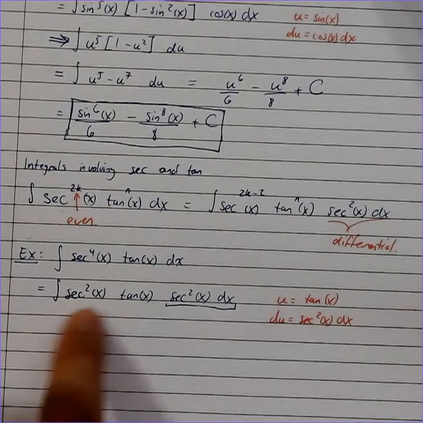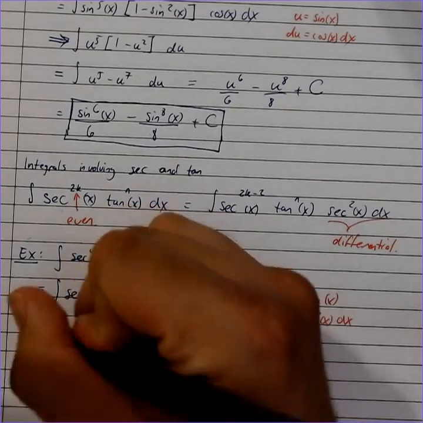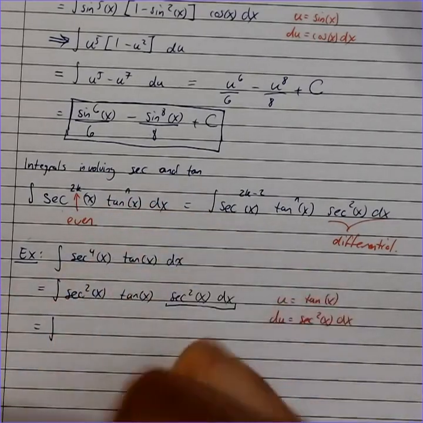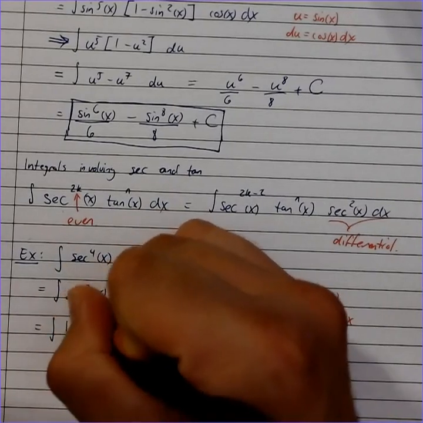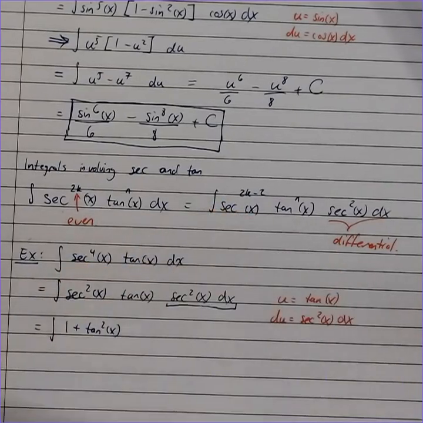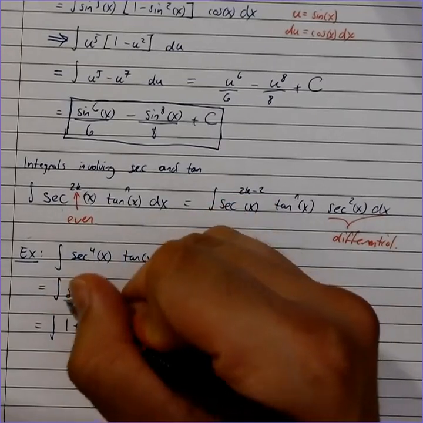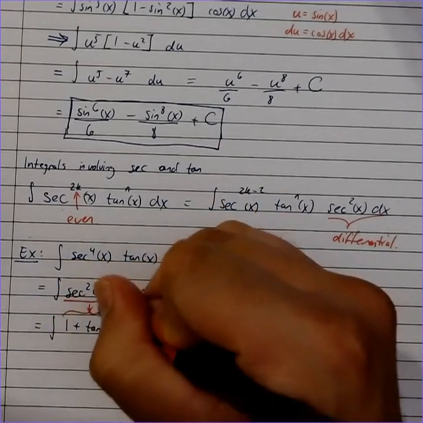And thinking back to trigonometry, how do I turn secants into tangents? Using the Pythagorean identity, of course. So here that's going to be the integral of, instead of secant squared of x, we can write that as 1 plus tangent squared of x. This expression here becomes this expression here by the Pythagorean identity.